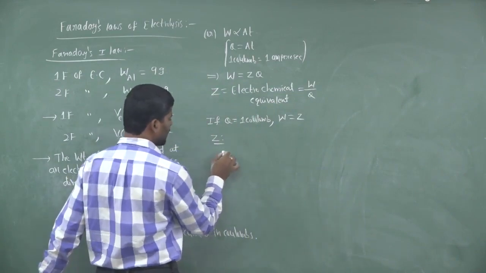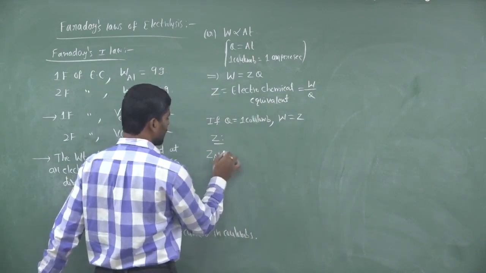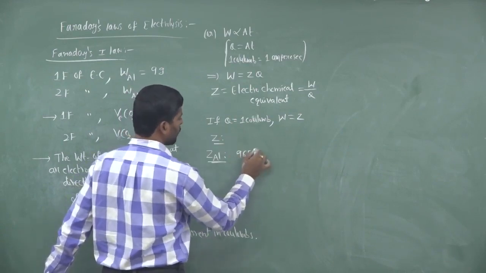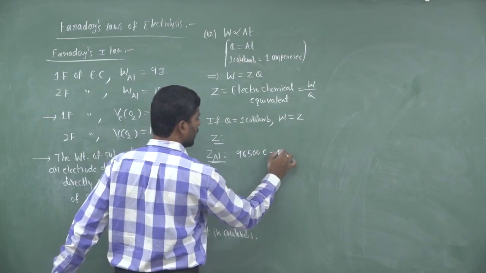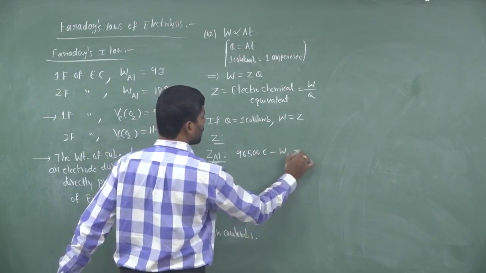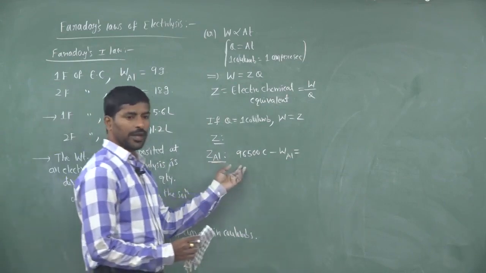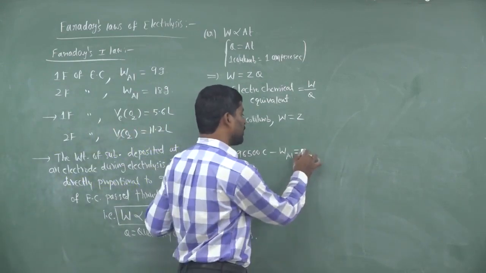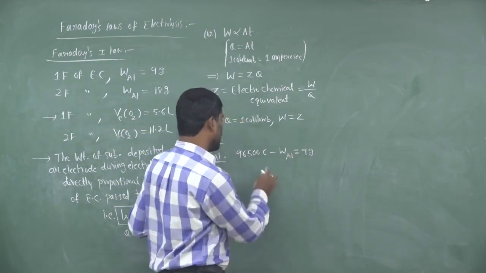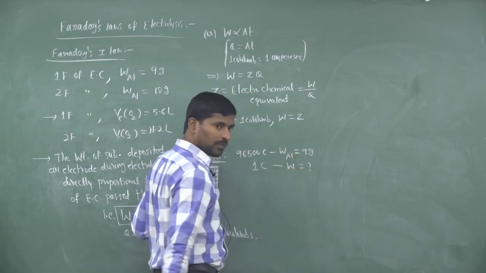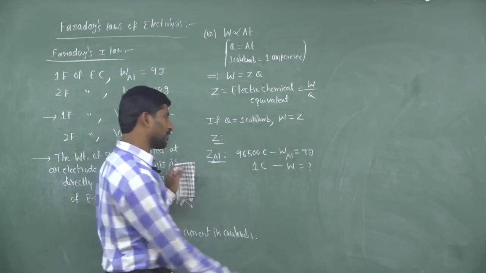Okay, what is the Z value for aluminum? If you pass 96,500 coulombs, which means 1 farad of electric current, what is the weight of aluminum deposited? 9 grams. Now we have to calculate for 1 coulomb.